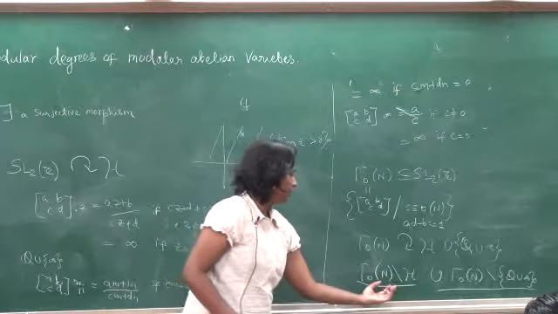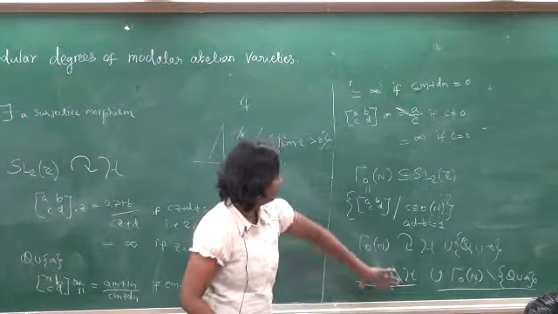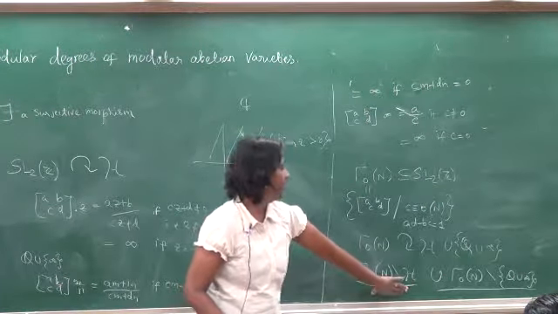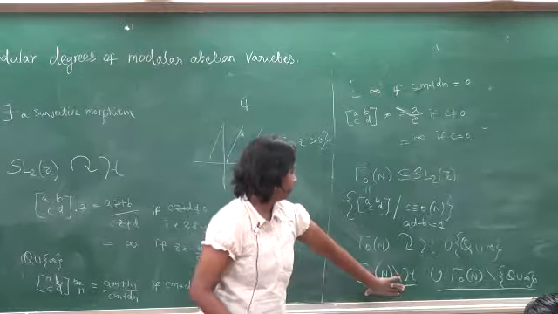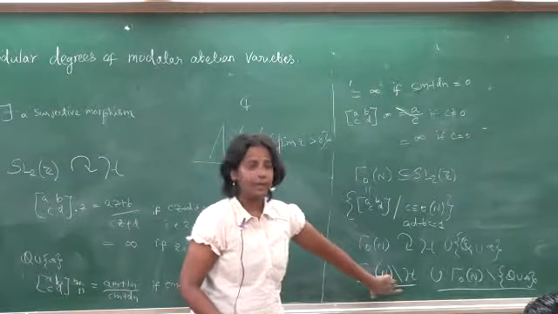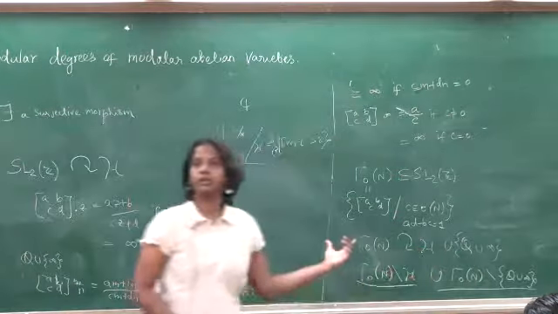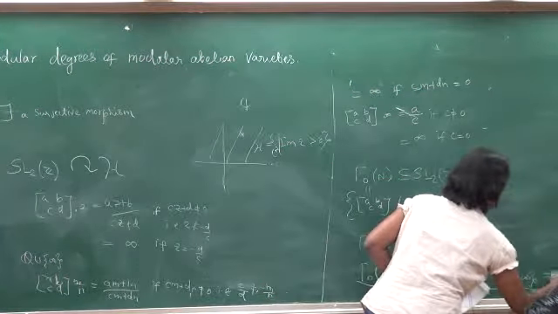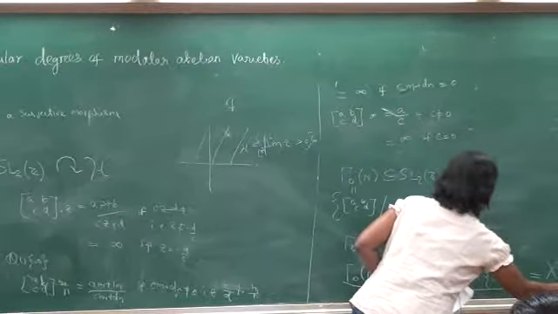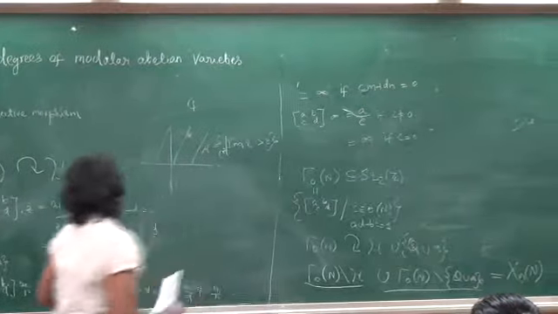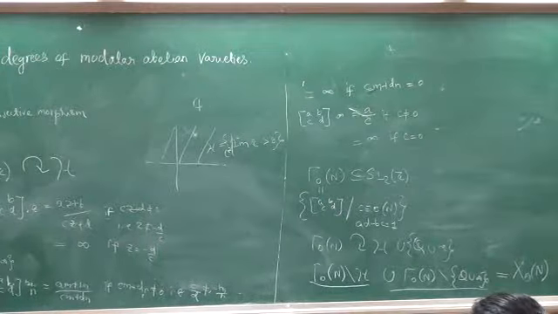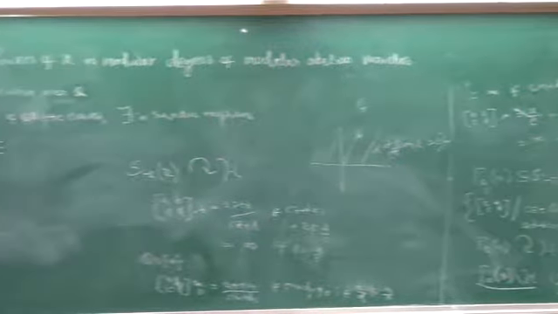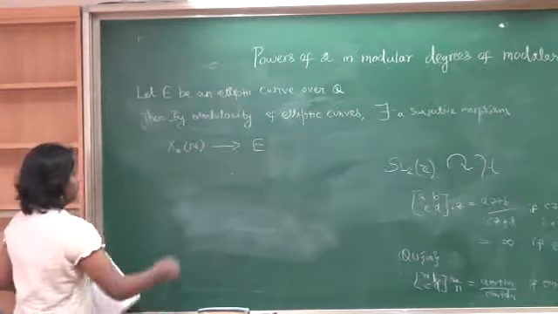If we consider only the Gamma_0(N) orbit space of H, then this is not compact. If I adjoin the cusps, then it becomes a compact Riemann surface, and this I am denoting the modular curve X_0(N). So by modularity of elliptic curves, there is a surjective morphism from X_0(N) to E.